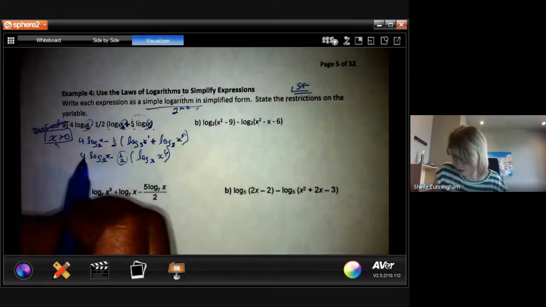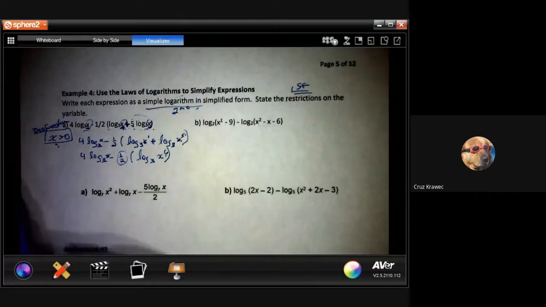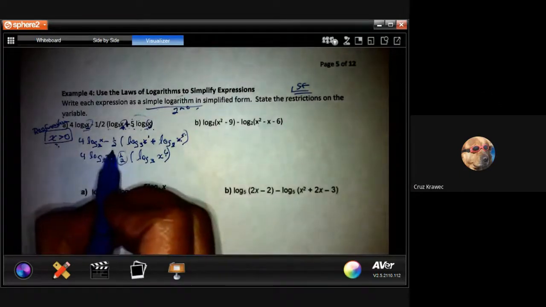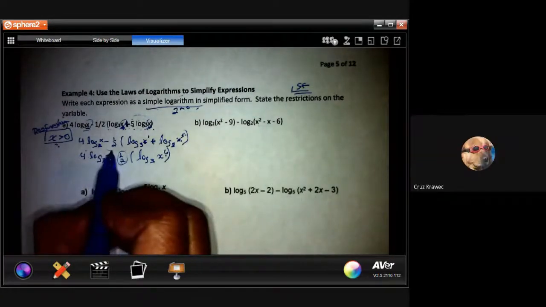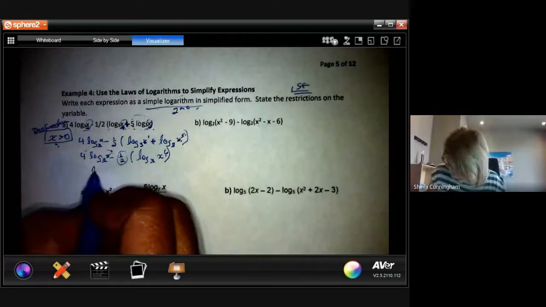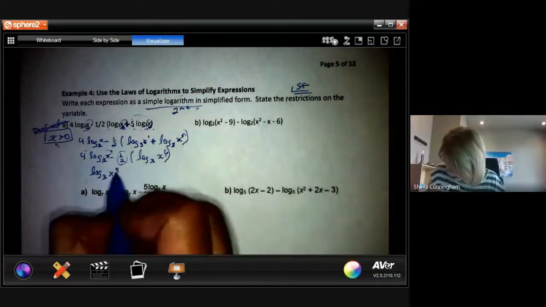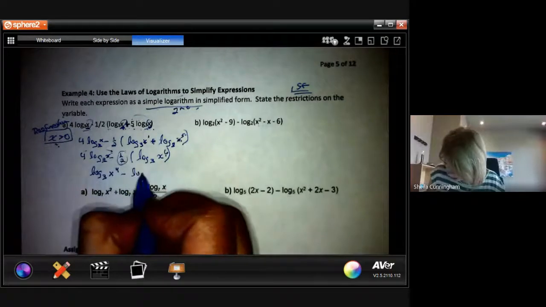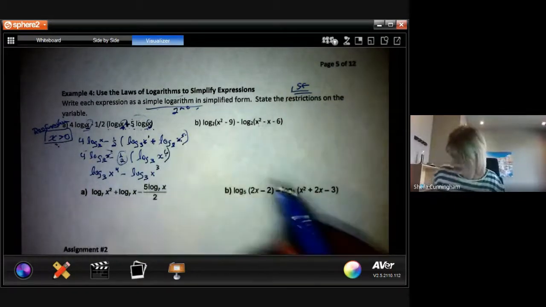This 4, where's it going? It's going to go in with the 3 next to it, as your exponent though, right? Yeah. So really I have log 3 x to the power of 4 minus log 3 x to the power of 3, right?